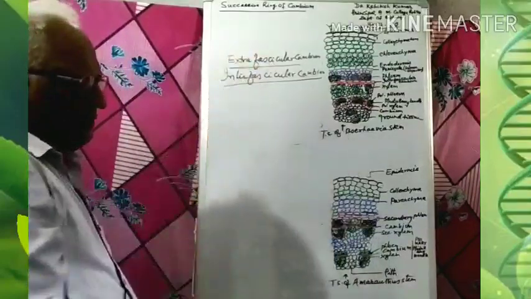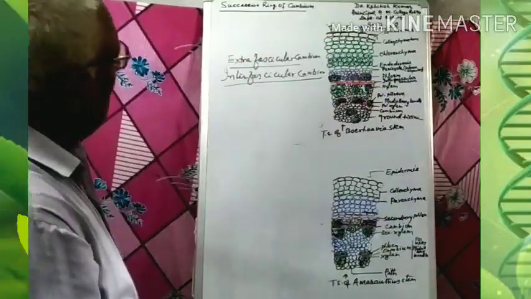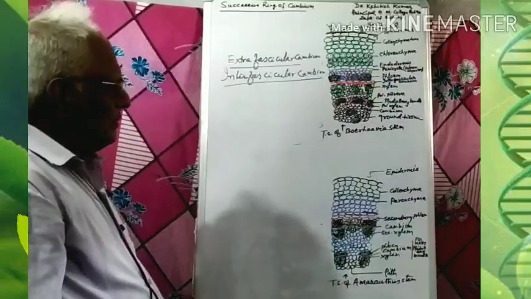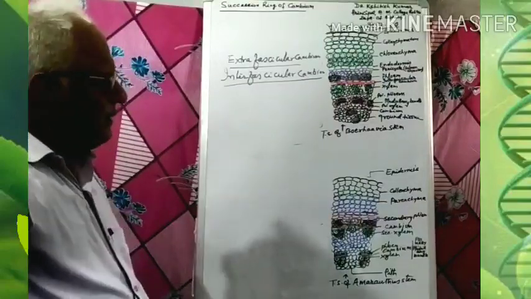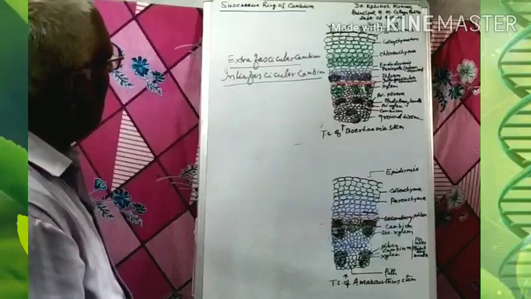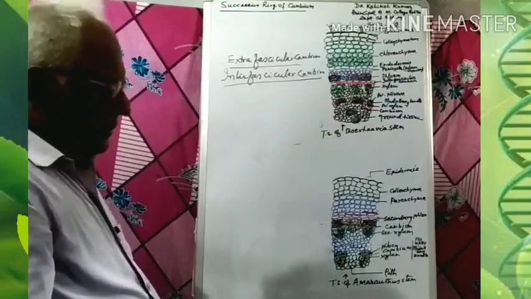So this is the secondary growth of abnormal type which is found in the Boerhaavia stem, which comes under the heading of successive rings of cambium.